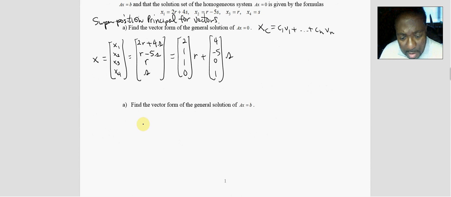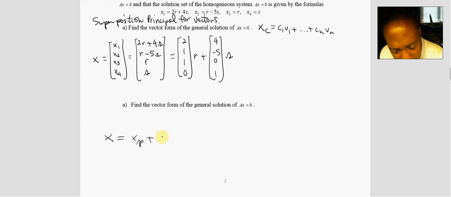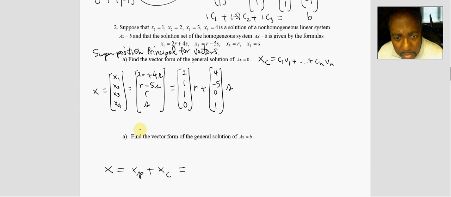So then it says find the vector form for the general solution. The general solution is said to be a particular solution plus the linear combination of the complementary solution that you got from the basis for the null space. So the particular solution is given here.